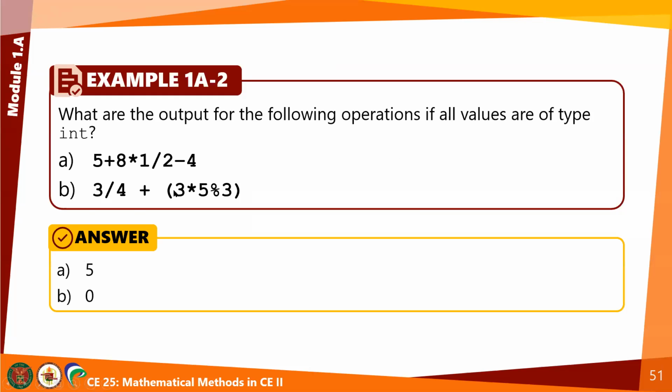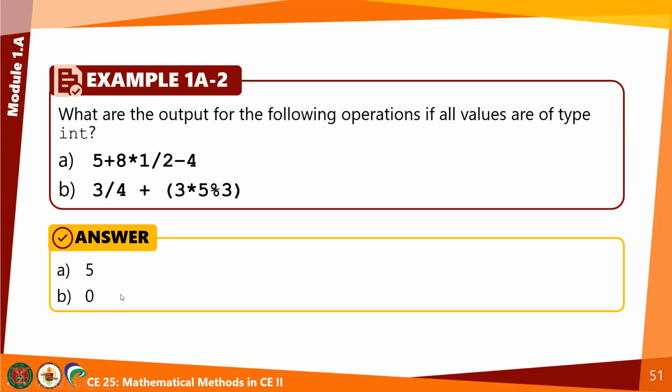How about this? So here, mauna yung nasa parenthesis. So sa loob ng parenthesis, merong 3 times 5. Okay? 3 times 5 is 15. Modulo 3, 0. No? Walang remainder. So 3 over 4 is 0.75 plus 0, so 0.75.